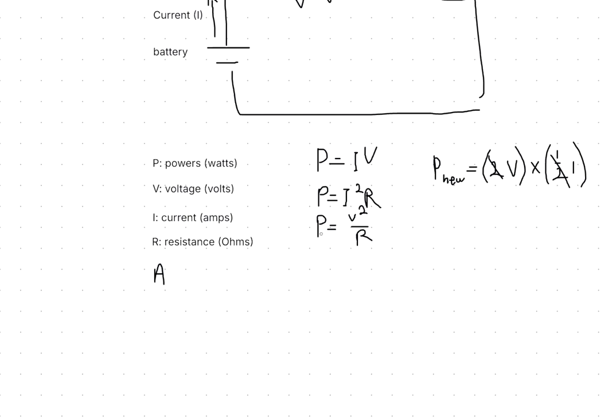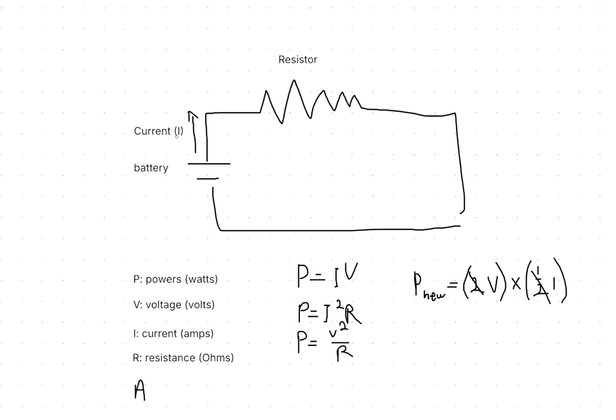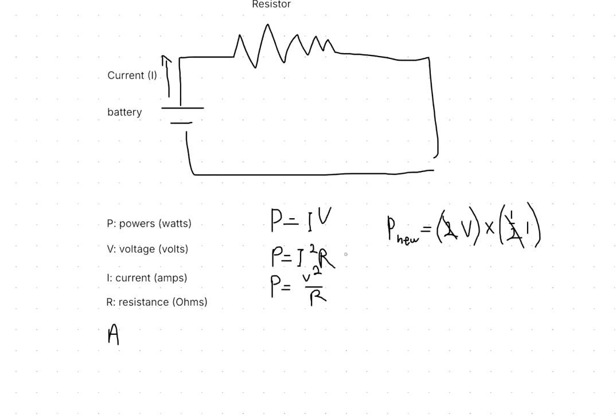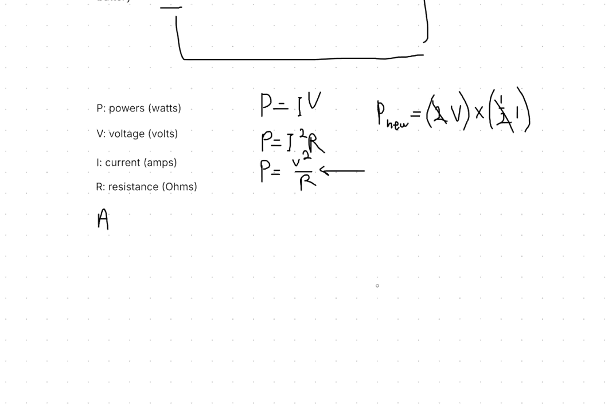We use our third equation, P equals the voltage squared over the resistance. So the new P equals 2V squared over 4R.